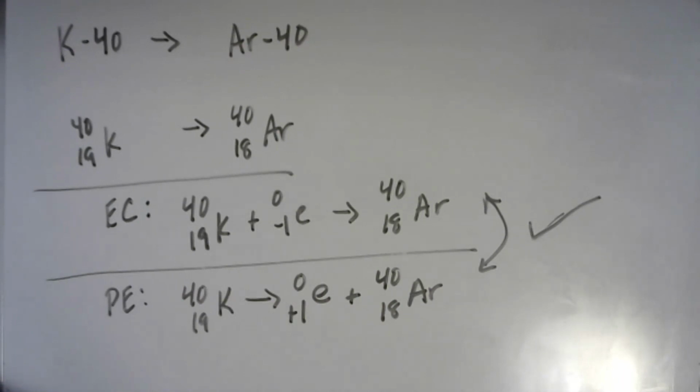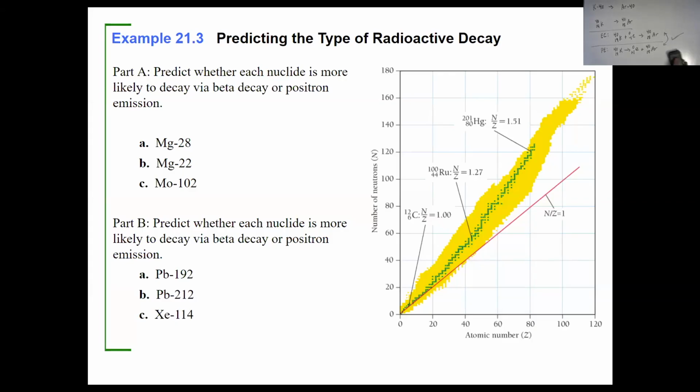All right, the next question is going to be asking us to look at that belt of stability that's discussed in your textbook and to figure out what type of decay is likely to occur based on the isotope that you're looking at.